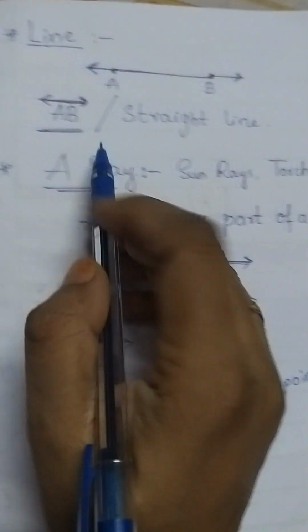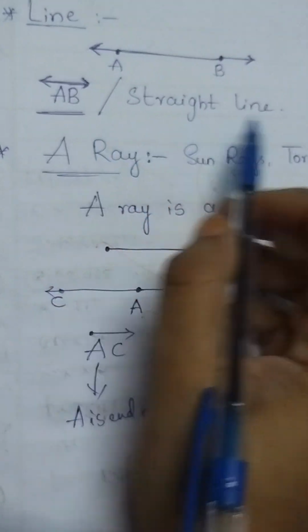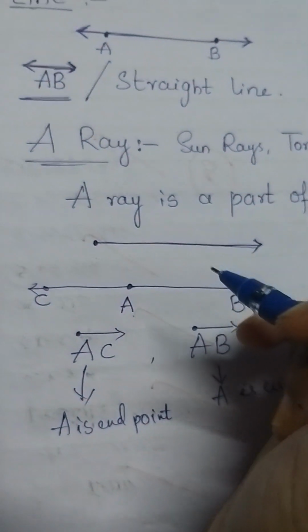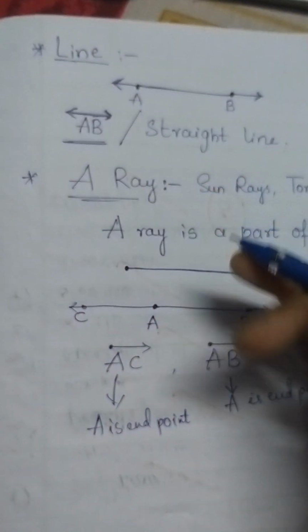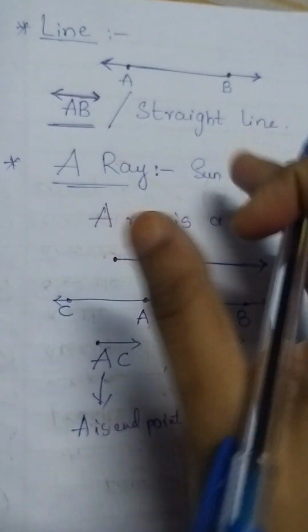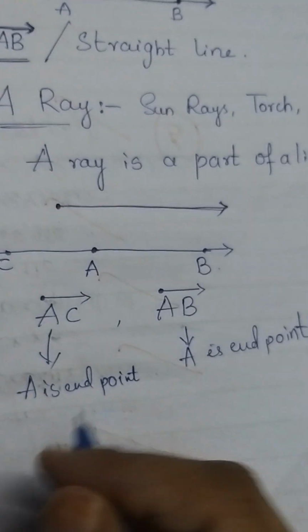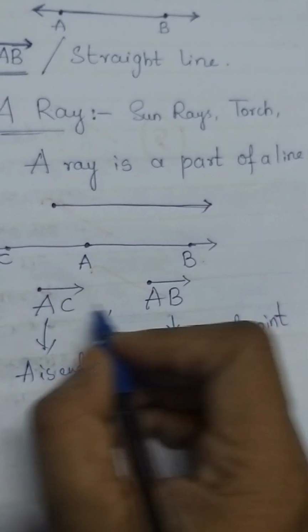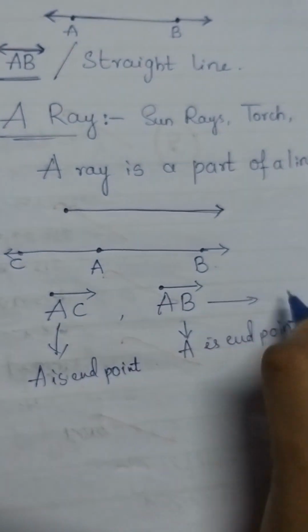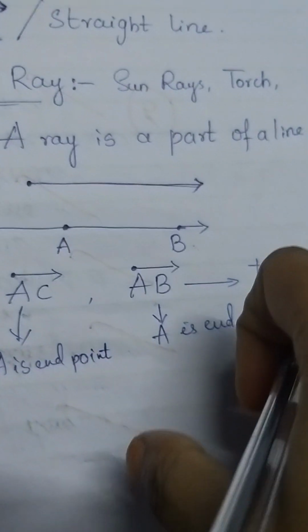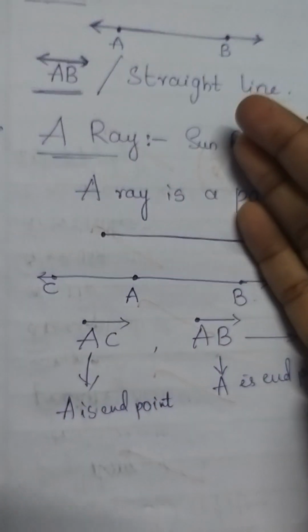In a line there are no endpoints. In a line segment there are two endpoints. Please remember or see the difference between a line segment, a line and a ray, children. AB and AC are two rays.